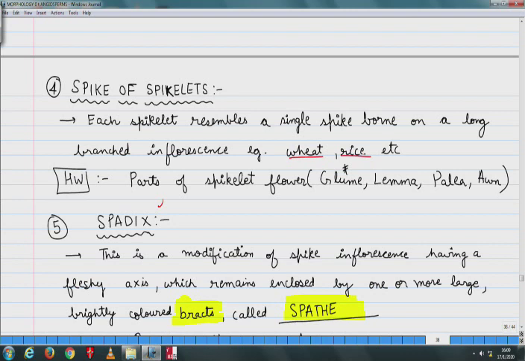Now I had asked you to label the parts of the spikelet flower: glume, lemma, palea, and so on. So have you done your homework? Raise your hands if you have done your homework. Have you completed your homework? Yes? No answer?